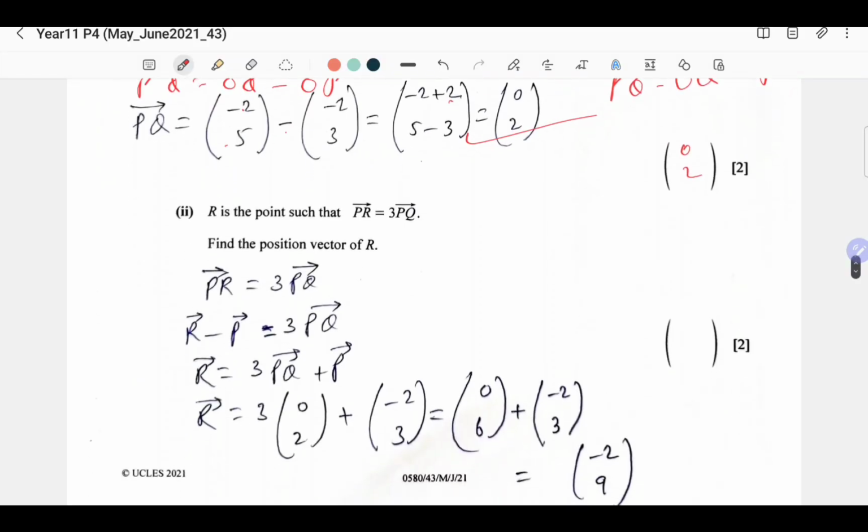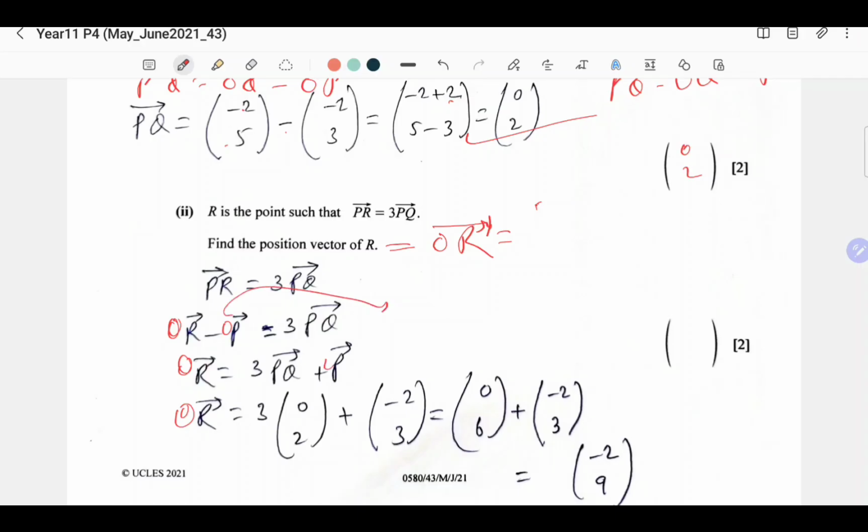Very simple. R is the point such that PR equals 3PQ. Find the position vector of R. So position vector of R means OR, right? PR is OR minus OP, and this is 3PQ.